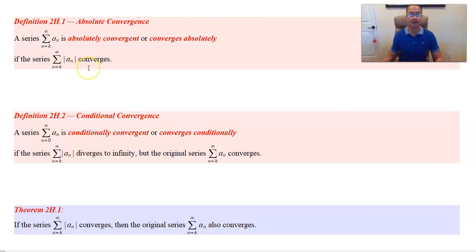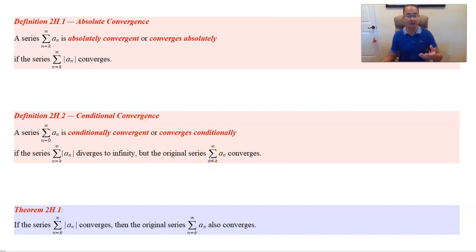So it's the opposite of converges, and it better be diverges to infinity because all of the terms are positive once you take the absolute value. However, the original series, summation n equals k to infinity of a sub n, still converges. Okay? So in other words, we have a conditionally convergent series.